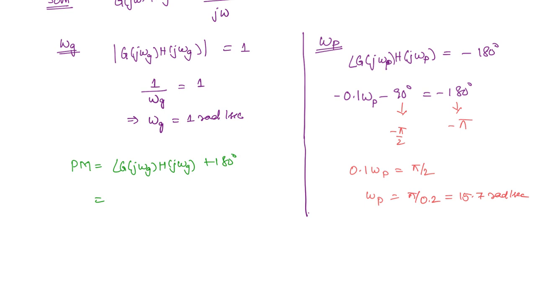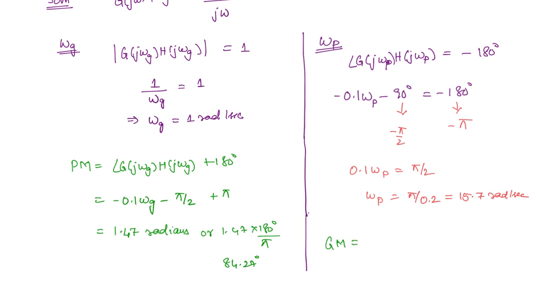So the angle is minus 0.1 omega g minus pi by 2 plus pi. We will write in terms of radians. If you simplify, you get 1.47 radians. If you want it in degrees, 1.47 into 180 degrees divided by pi, which is 84.27 degrees.